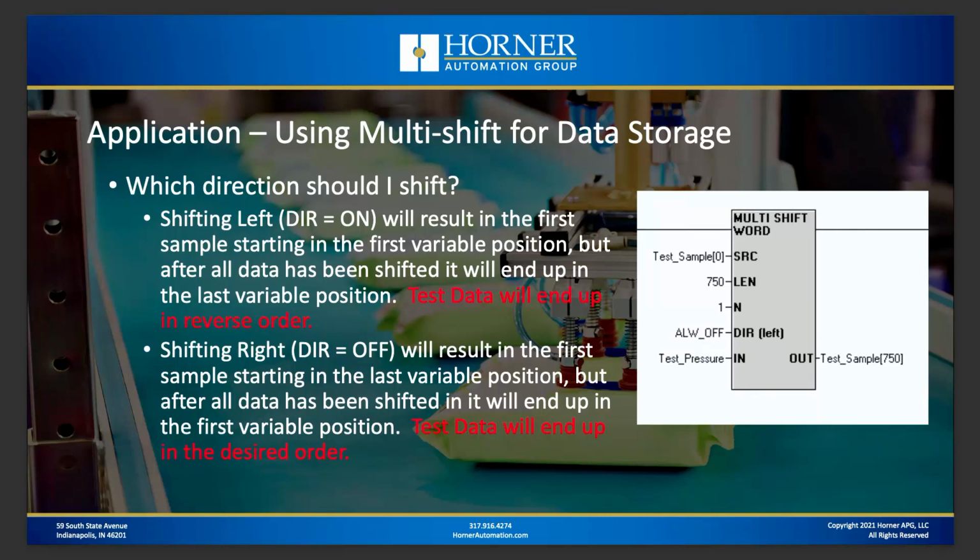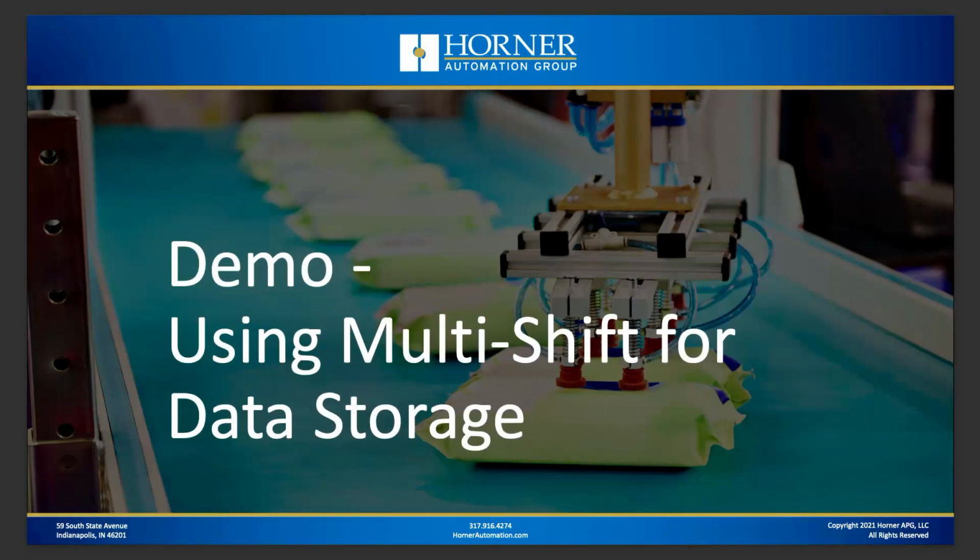So that's ultimately what we want, so the test data will end up in the desired order. So in our example here, because of the way we're storing the data and the way we want it to look as we use the data later, we're actually going to make sure our direction is to the right, or off.